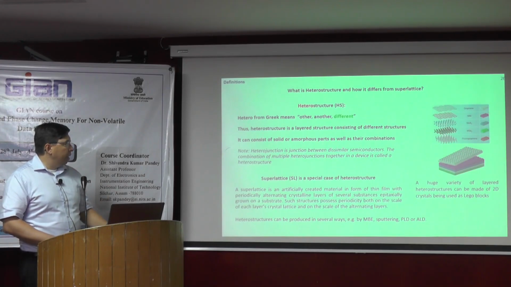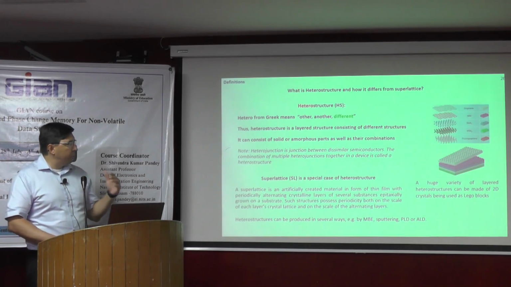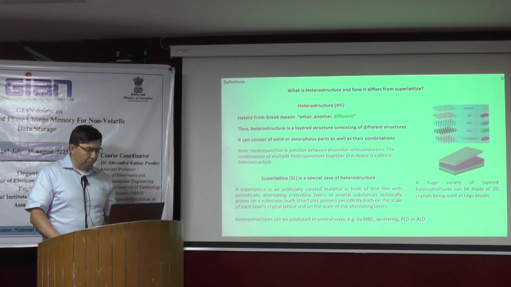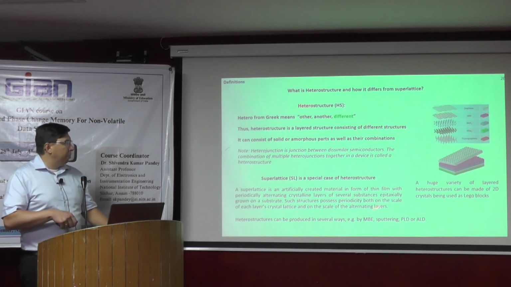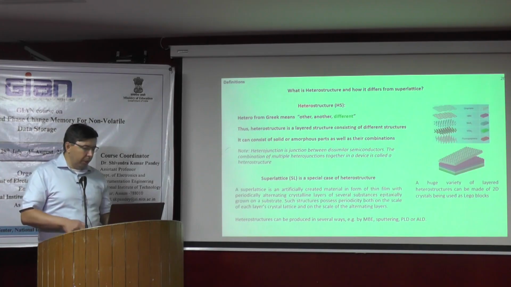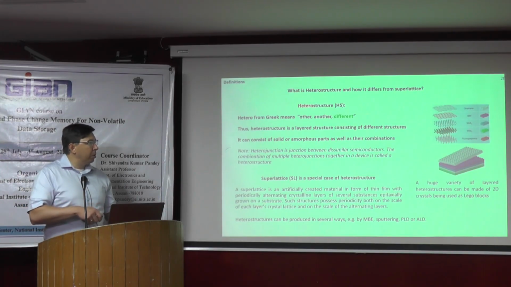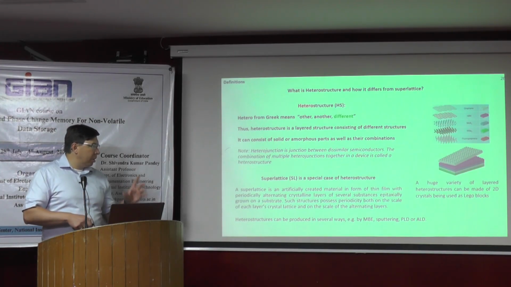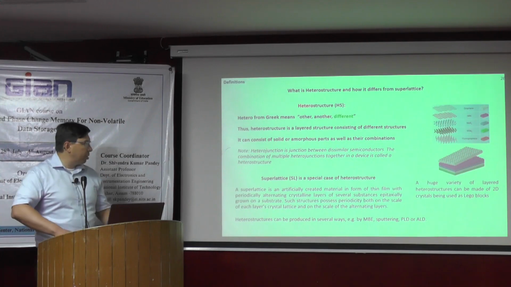And these layers have to be grown epitaxially on a substrate like silicon or another. They also have periodicity on the nanoscale, between several nanometers but not exceeding 100 nanometers.